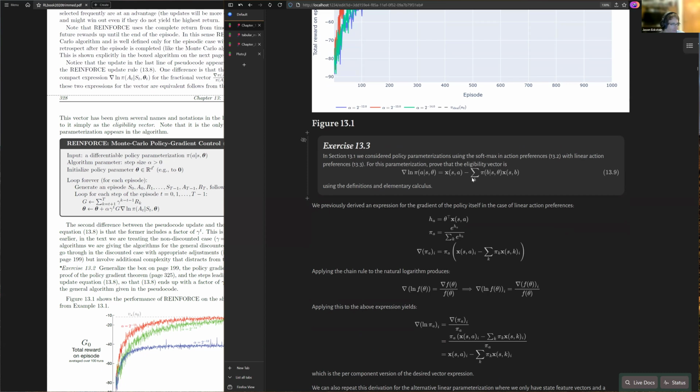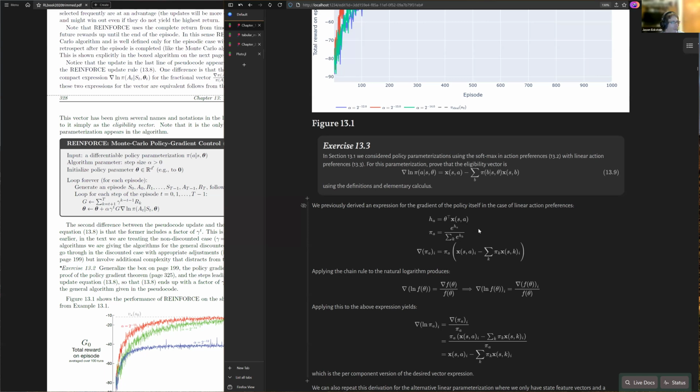So here we have the case where we have linear approximation, and again, all the action preferences are just the dot product of the parameter vector with the feature vector of the state action pair.